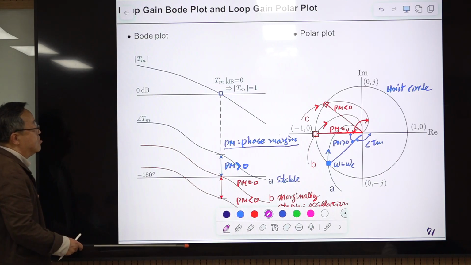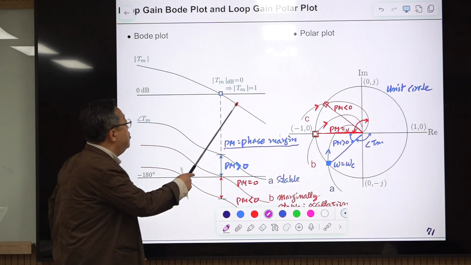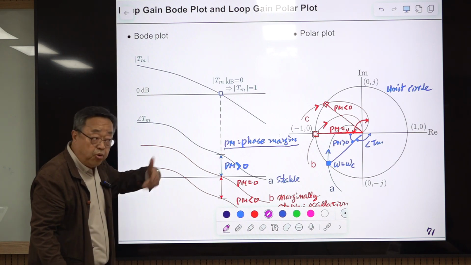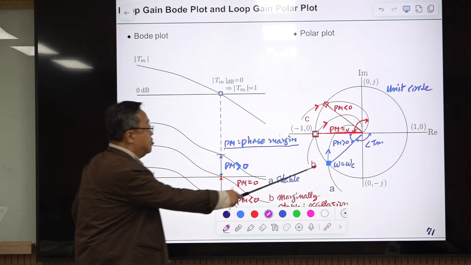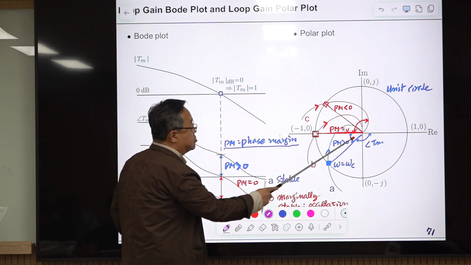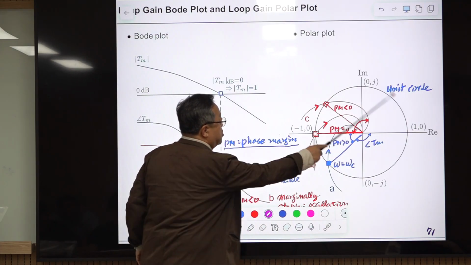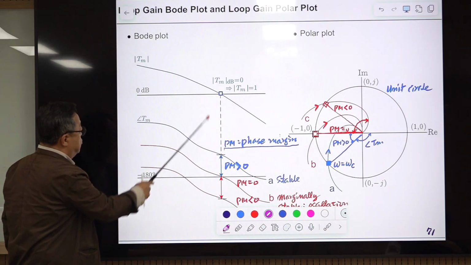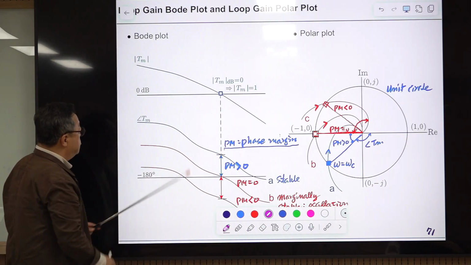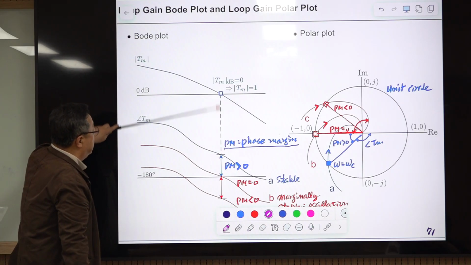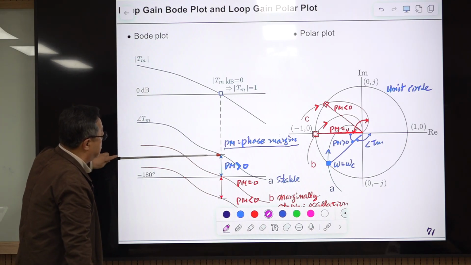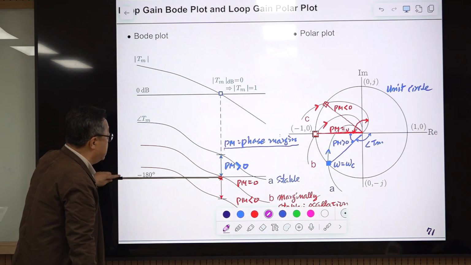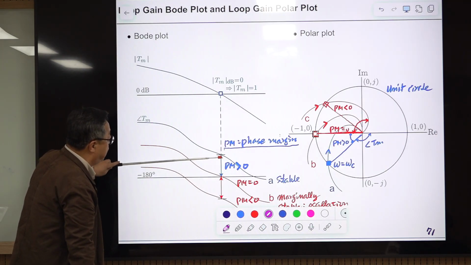And the same information is shown here: when the magnitude of the loop gain becomes 1, the polar plot trajectory crosses the unit circle, because the radius from the origin to this unit circle is 1. Okay, so at that frequency you define the phase margin. The phase margin is the margin at this frequency, the loop gain crossover frequency, and the difference from minus 180 degrees.